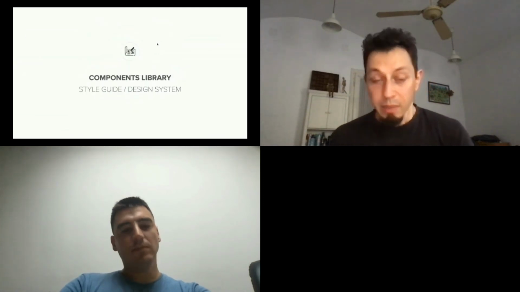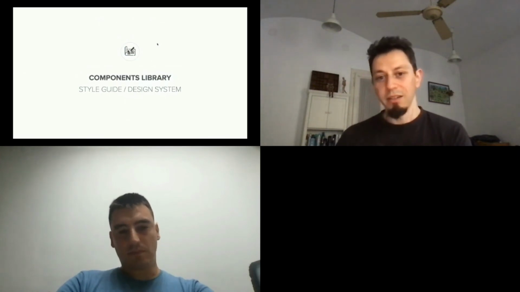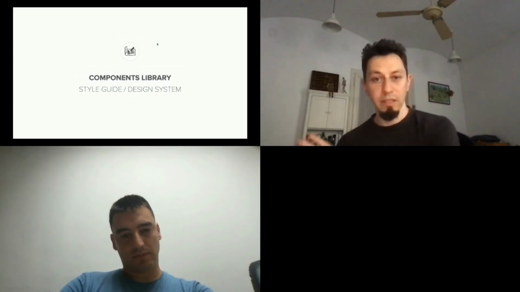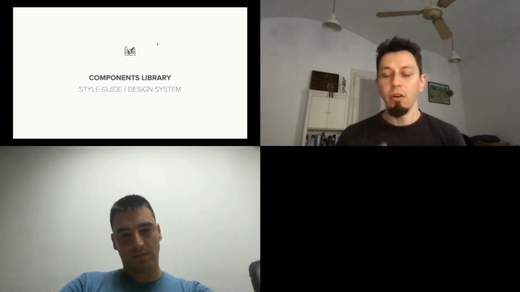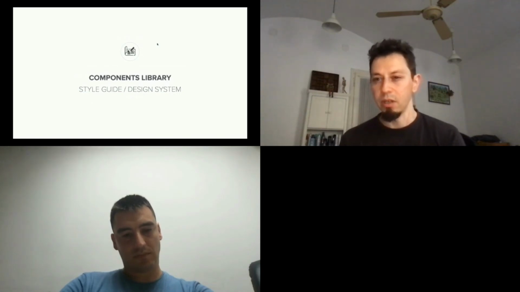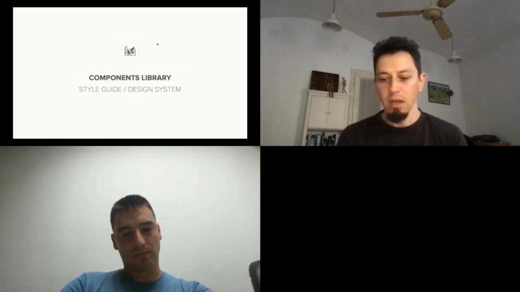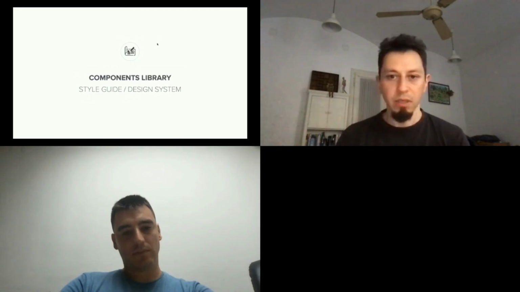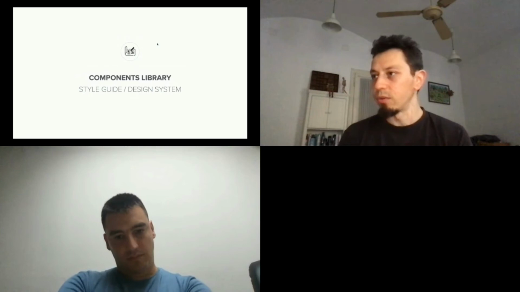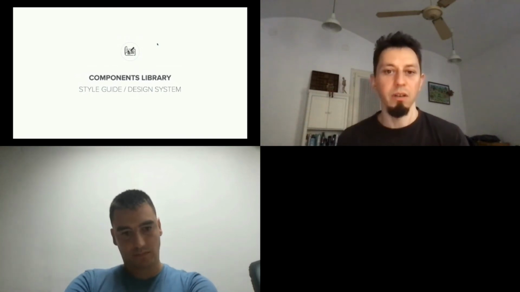And last but not least, this could eventually grow into a components library or a style guide or even a design system, right? Because both Storybook and React Styleguidist allow us to create static pages, not necessarily to render components, but with some text or whatever, to be the basis of documentation for a style guide.